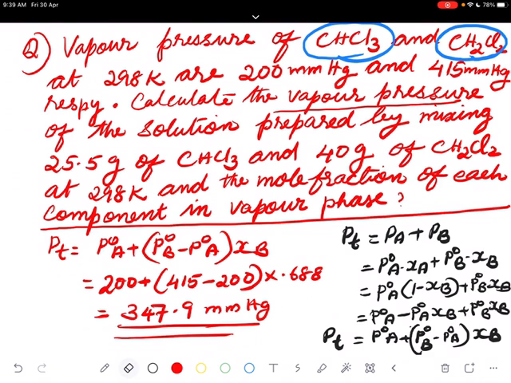Now what you have to find out? The mole fraction of each component in the vapor phase, that is Ya and Yb. One you calculate, the other you can take from 1 minus it. Suppose you are calculating Ya, then 1 minus Ya will give you Yb. But Ya we have to calculate. How can we calculate Ya?